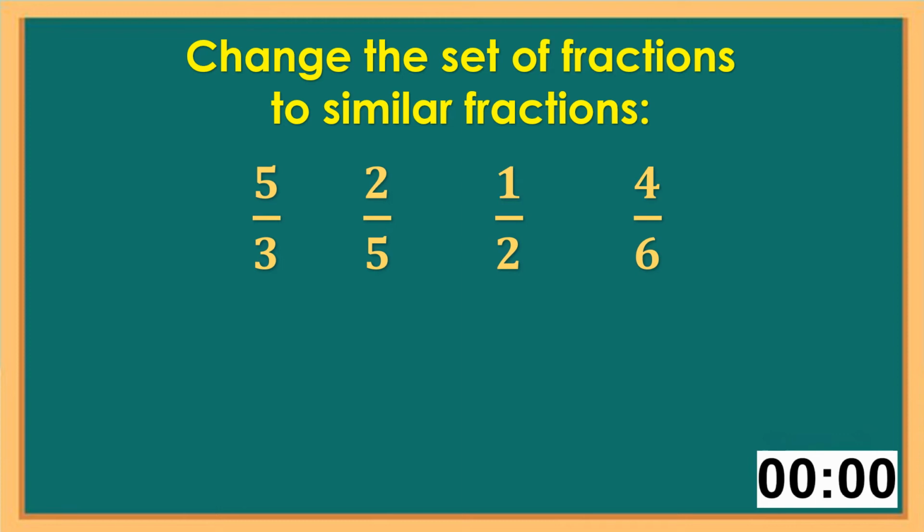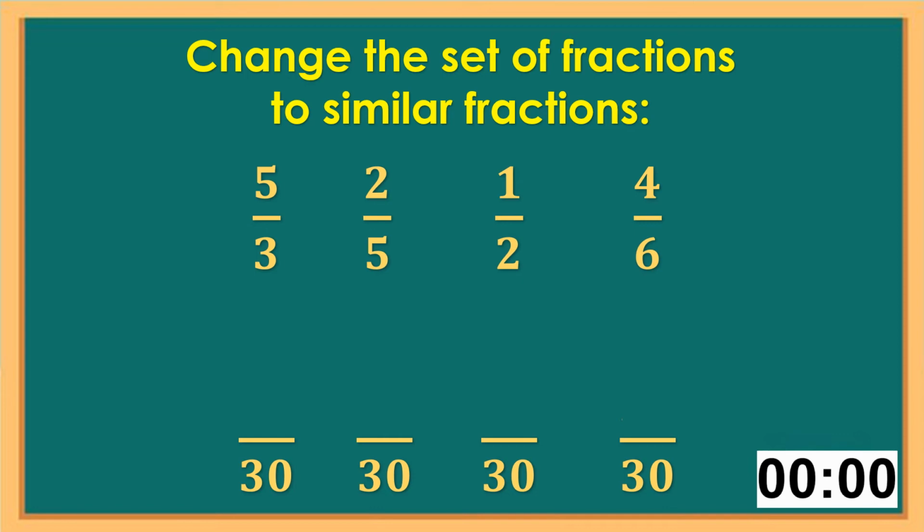To change these fractions to similar fractions, the first step is to get the LCD of the denominators 3, 5, 2, and 6. The LCD of these numbers is 30 because 3, 5, 2, and 6 divide 30 evenly. So let us have the equivalent fractions of each fraction.